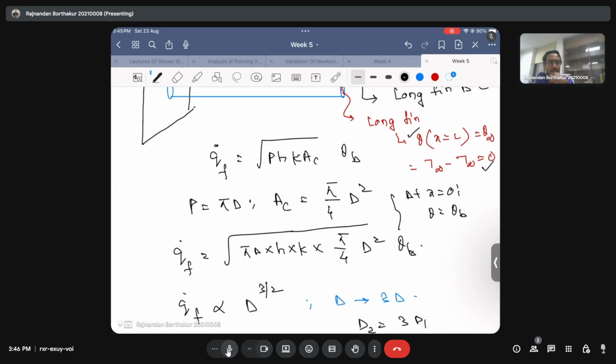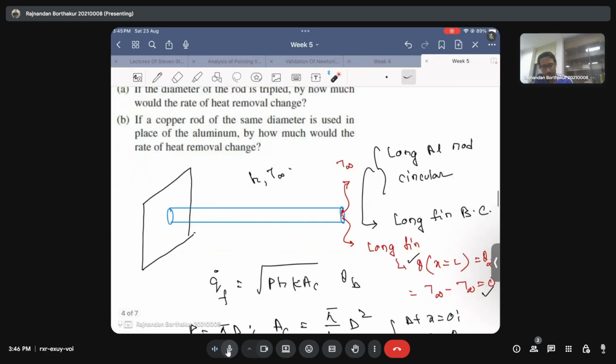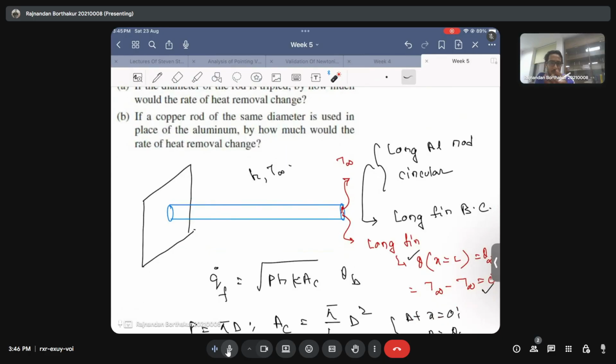If you solve the second order ODE that we just saw, apply these two boundary conditions, and then use Fourier's law, you will get this expression for the rate of heat transfer from a long fin. I was not telling this because I thought it had already been clarified. If you look at the video of this week's lecture series, you will see that it had been discussed there.